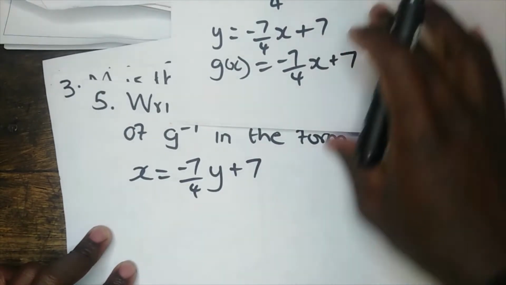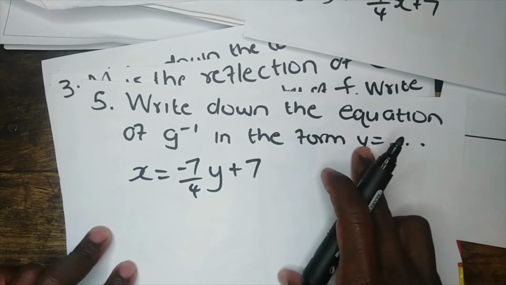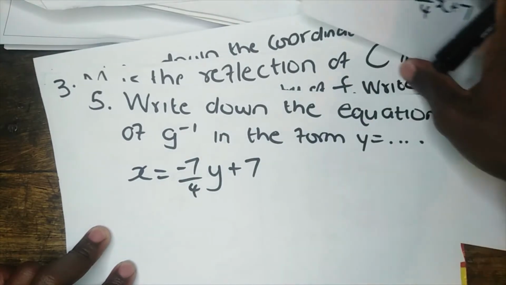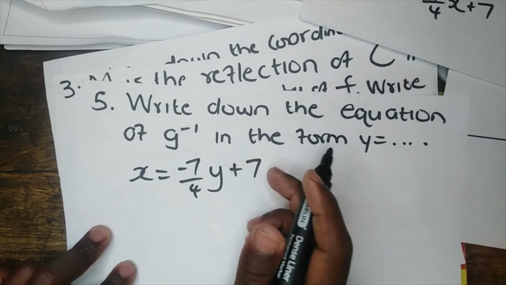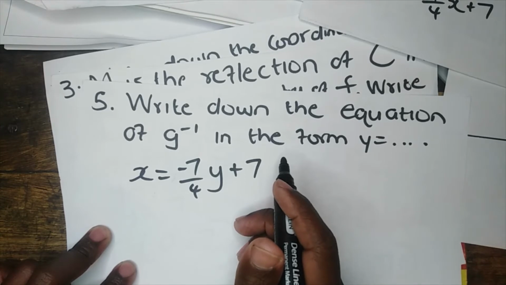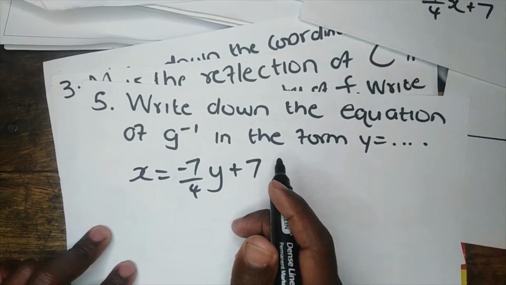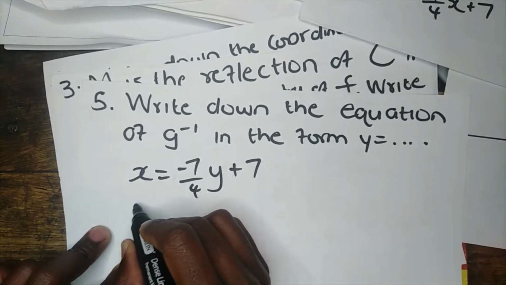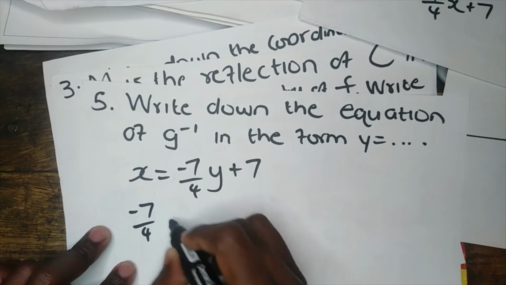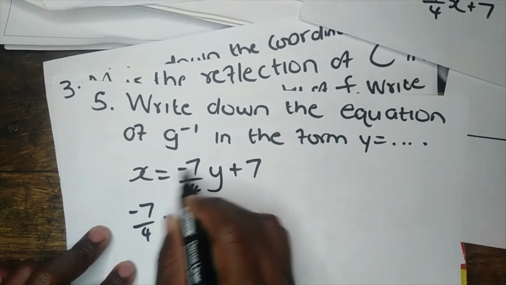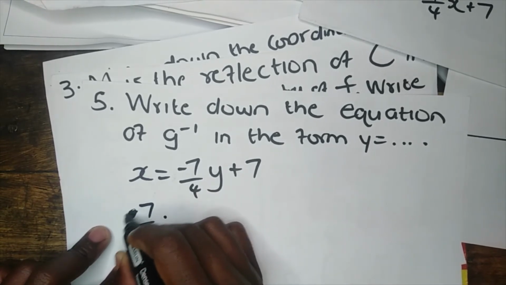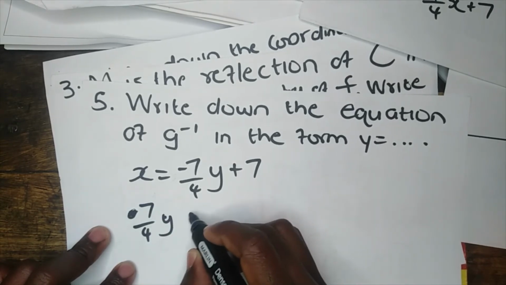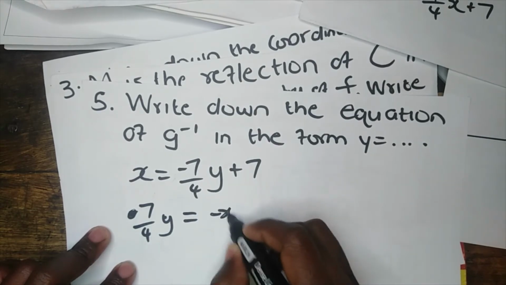But here they say write it in the form of y, so we have to make y the subject of the formula. How can you do that? So simple, just transpose. The 7 over 4 y, and transpose this negative to become positive. So it's positive 7 over 4 y equal to negative x plus 7.